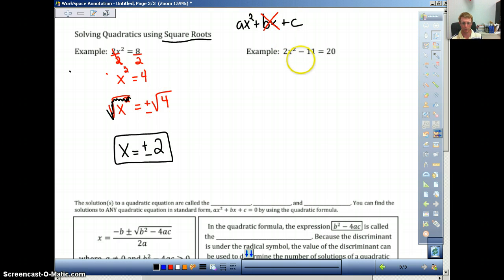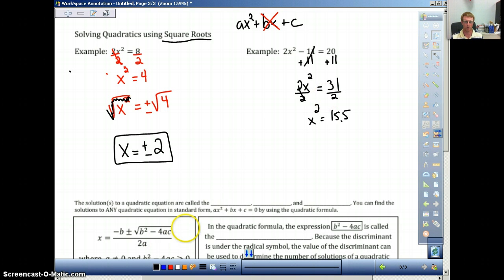So, second example. Again, let's get our x squared by itself. First thing, always get rid of that constant. So we're going to add 11 to both sides. We end up with 2x squared equals 31. Divide both sides by 2. We're left with x squared equals 15.5.